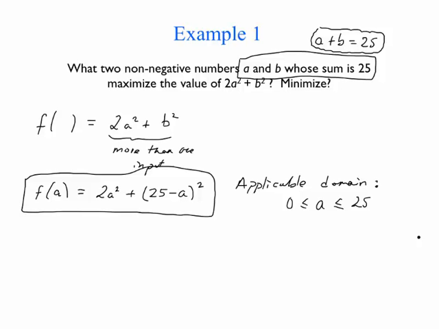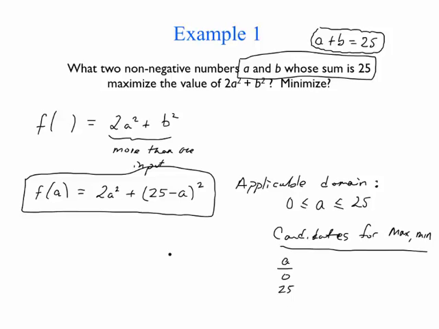And so to find the max or min, we just laid out a roadmap. Our candidates are going to come from two possible places: critical values, local maxes and local mins, and endpoints. So our candidates for max and min are 0 and 25, and let's see if we have some more candidates.